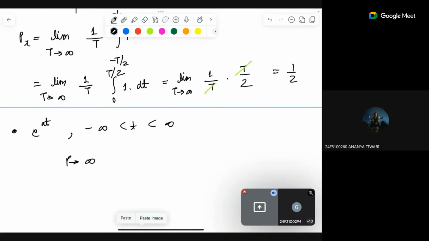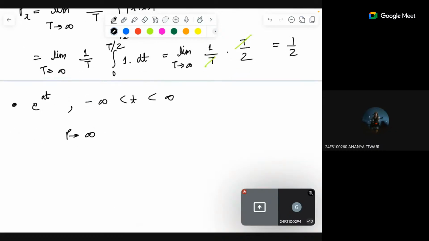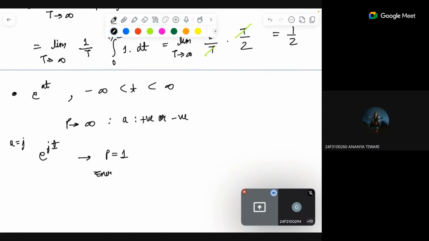So there are certain signals which are neither energy nor power signals. But if a is complex, let us say a is equal to j, then for e raised to the power of jt, its power will be 1, but its energy will be infinity, it being a periodic signal.